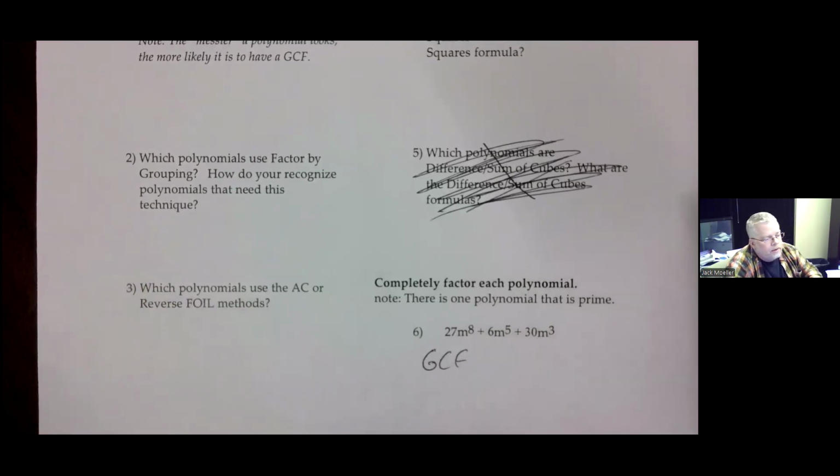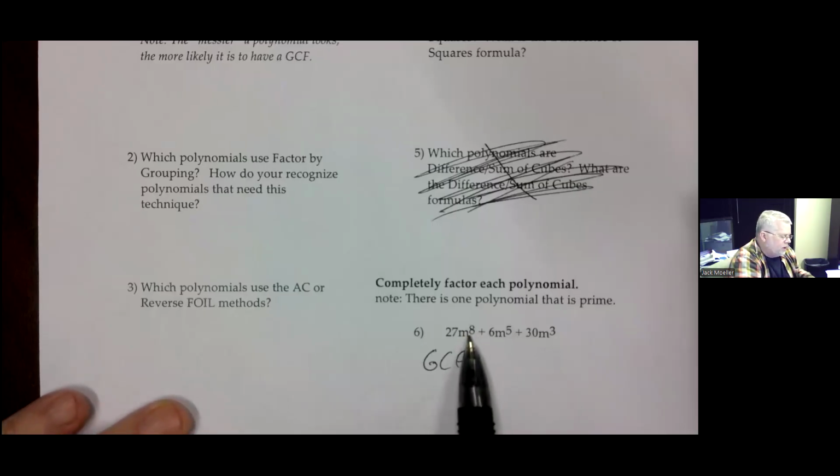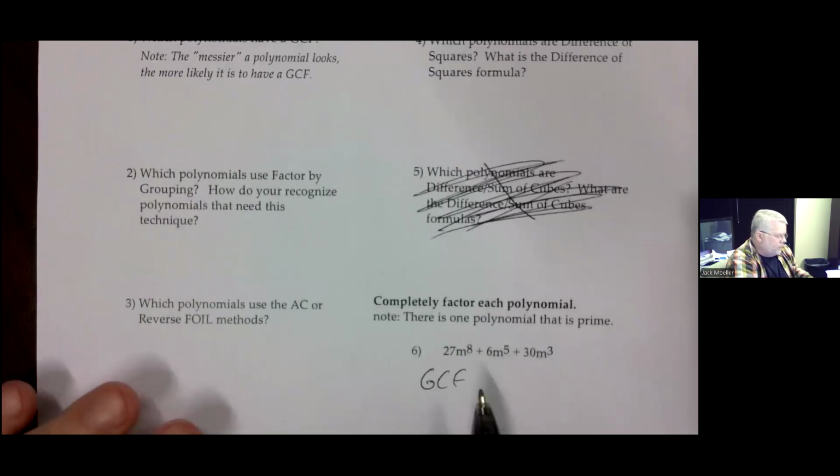Number-wise, once you start getting to double-digit numbers like 27 and 30, I would definitely also look for a GCF. They're not all even because of the 27, but they can all be divisible by 3. So there's definitely a GCF number-wise, but also because of the variables. And the fact that there's an exponent higher than 2 makes this kind of messy. So there's a GCF.